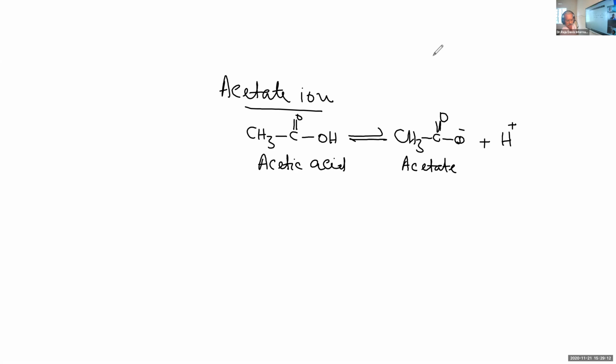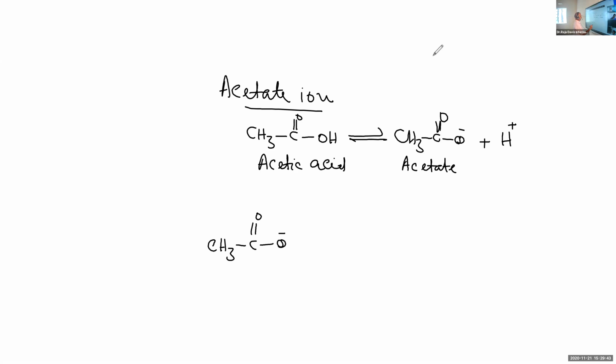Now you consider the structure of the acetate ion. You know, the acetate ion is found to be very stable. Why is it more stable? The stability can be explained with the help of resonance. We can draw the structure this way. CH3, C double bond O, then O minus.